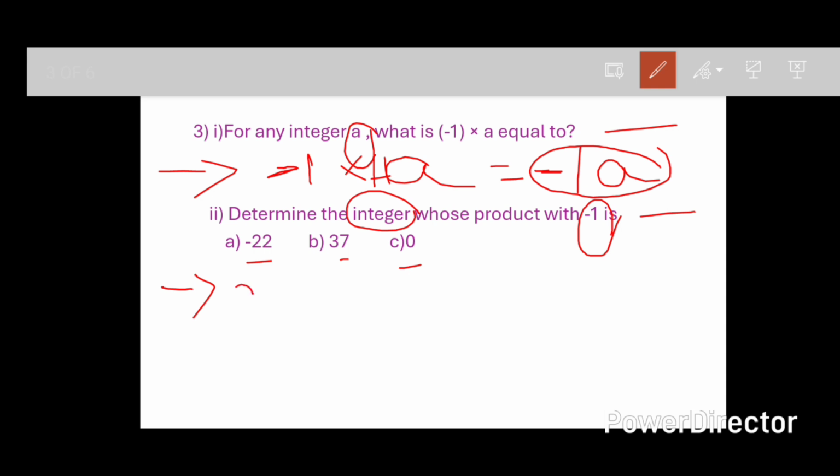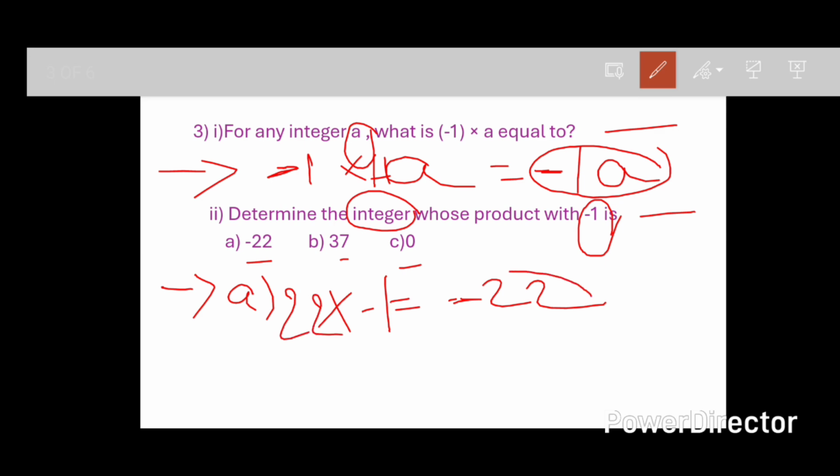The first one, a1, the answer they have given already is minus 22. Now what we should do: if we multiply that unknown integer with minus 1, the answer becomes minus 22. It means the number is nothing but 22. Why?